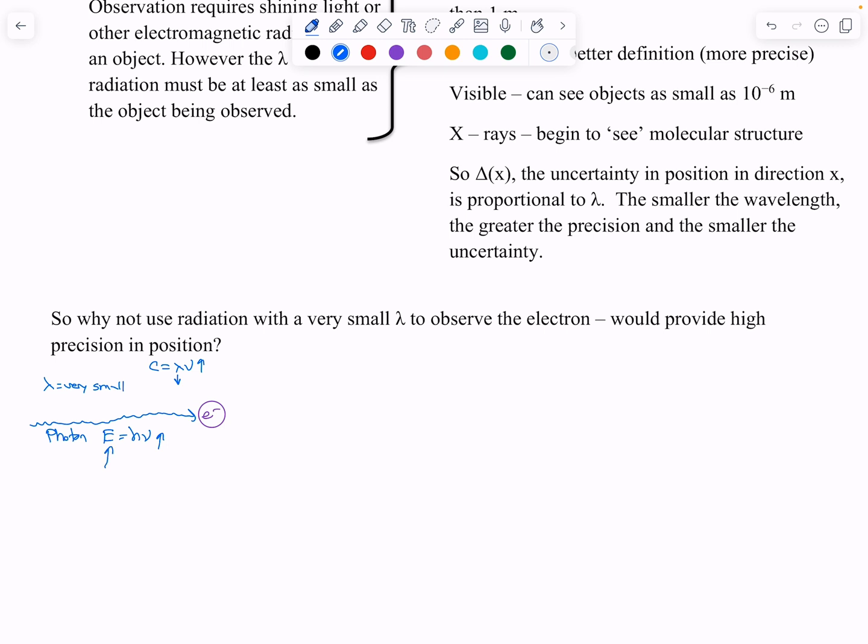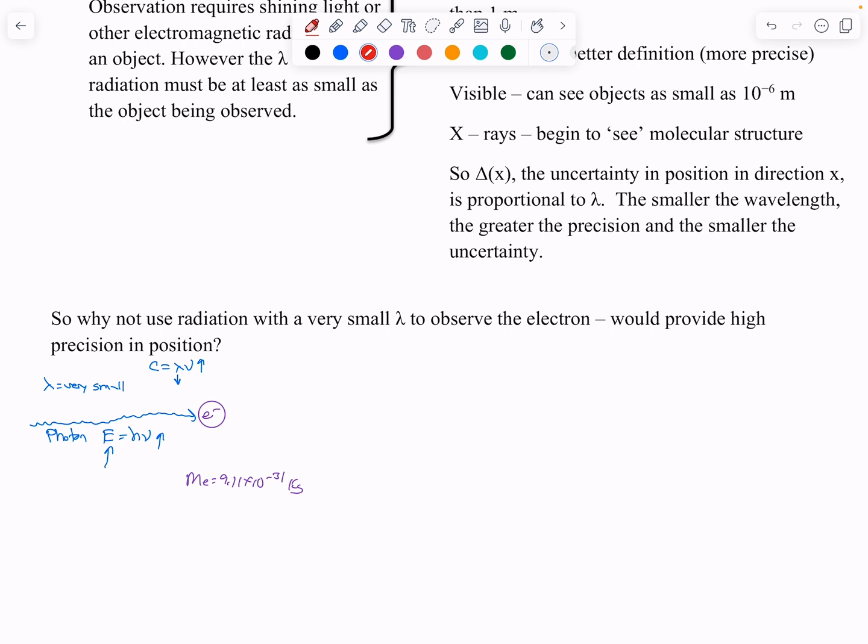Now, you can try this experiment where if your lights are off, you can turn the light on and see if anything happens to you. And chances are no, right? Maybe your eyes momentarily adjust. This electron, right, has a mass of 9.11 times 10 to the negative 31 kilograms.